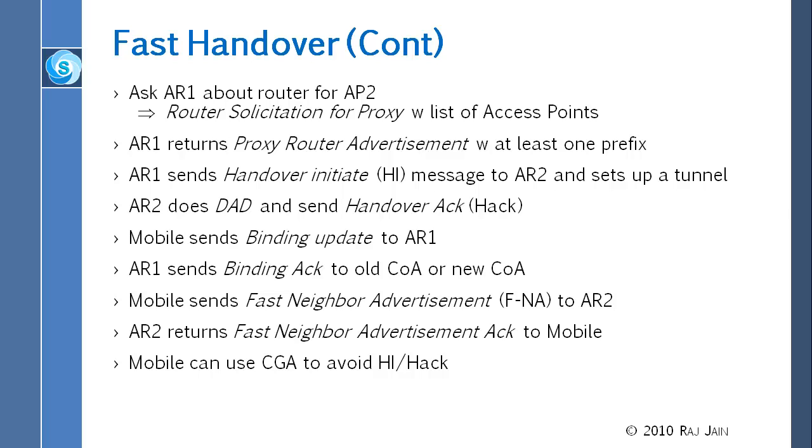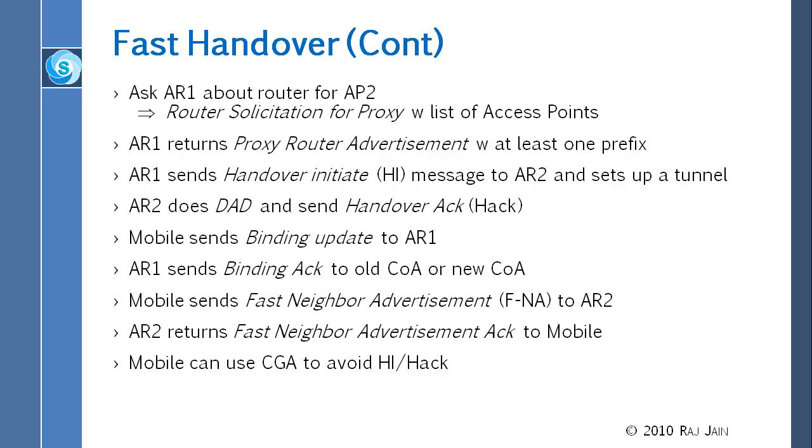So that was one thing I didn't say, that AR2 does check that it has not given the address to somebody else, and then it sends the address. So that is duplicate address detection, right? And then it gets the binding update, binding ACK, and the mobile sends the fast neighbor advertisement, and so on and so forth. Everything else we have talked about.